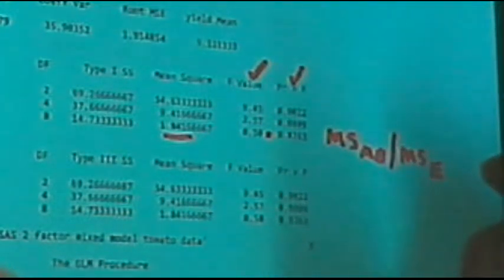Now let's go up and look at soil, which is the random effect. And so I see an F statistic of 2.57. Where does that come from? Well, the mean square for soil is 9.41.